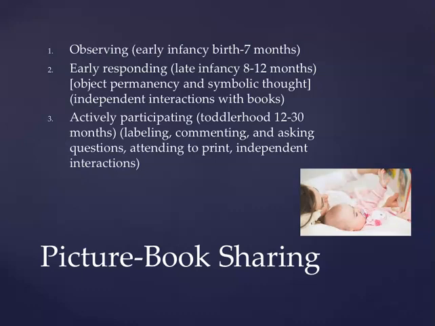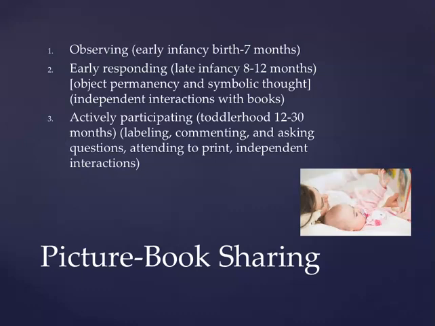In late infancy, when the child is between 8 and 12 months of age, they start responding. There's a little bit more of an interaction with the book, especially towards that 1 year mark. So what happens here is cognitively, the child has developed object permanency and symbolic thought is beginning to emerge.